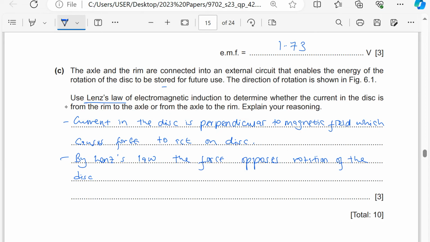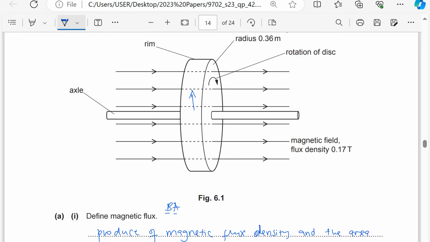The force opposes the rotation of the disk. So if the force is to oppose the rotation of the disk, then the force will be in this direction.